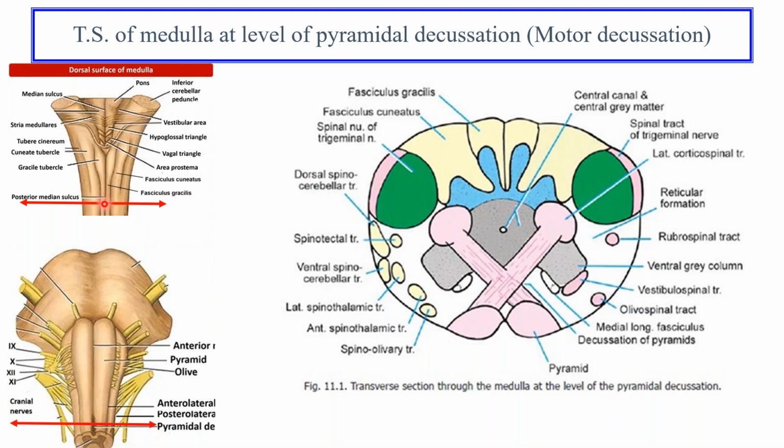After the posterior median sulcus, these two longitudinally raised swellings were the fasciculus gracilis, the part of the dorsal column. So on both sides of the posterior median sulcus, you are going to draw the fasciculus gracilis.